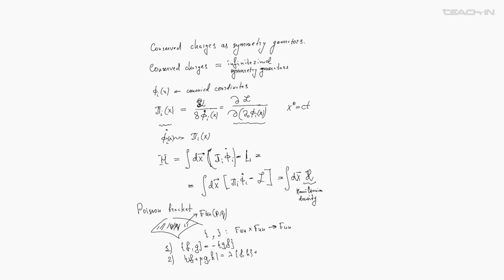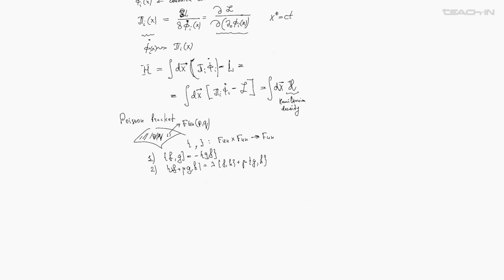Another important property is that it must satisfy the Jacobi identity. If you take a Poisson bracket of f and g, and then a bracket with another function h, and then you add up the cyclic permutations of these functions f, g, and h, then the result must be equal to 0.